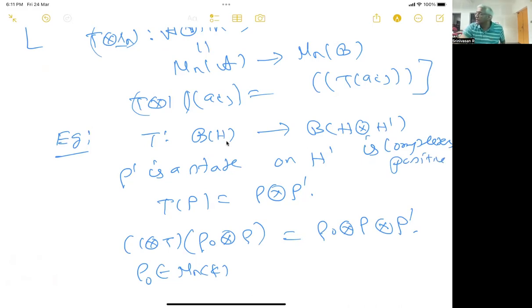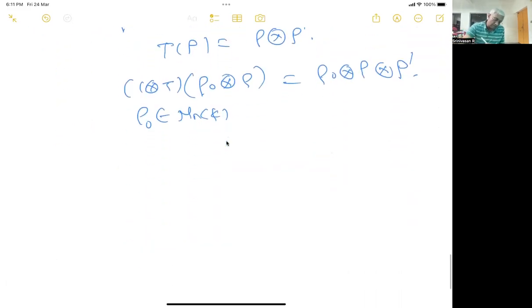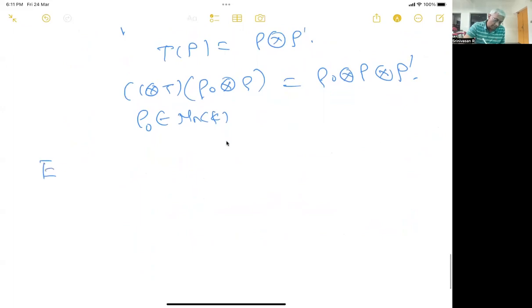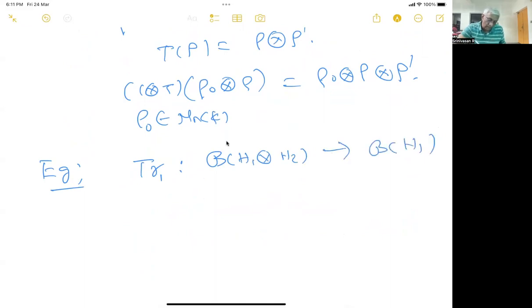Okay, the next one I want to recall is the trace map. So trace 2, or trace 1, is a map from B of H1 tensor H2 to B of H1, which is just x going to trace 2 of x.